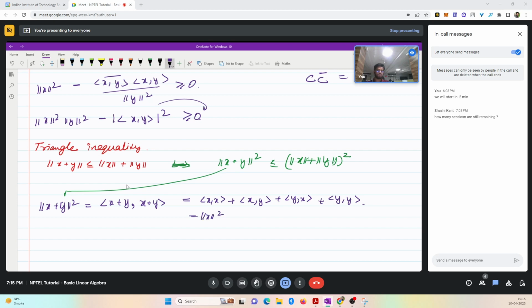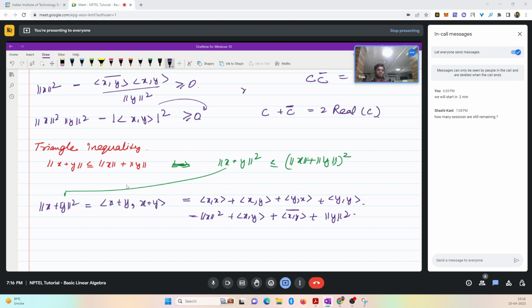So this is norm of x squared plus xy plus xy conjugate plus mod y squared. Now if we have a complex number c and we take its sum with its conjugate, we would get 2 times the real part of c.